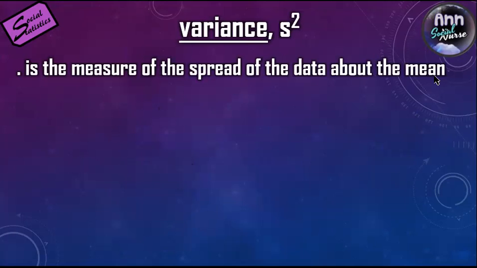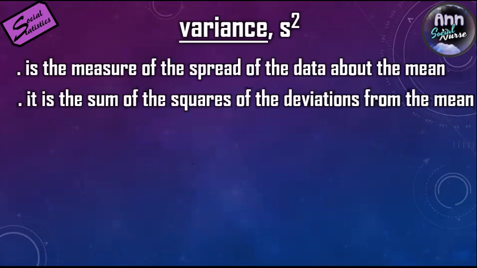In that given example, we know that the mean is 5, right? So the variance is the sum of the squares of the deviations from the mean. With this equation, this is summation. X is each of the given data. We'll remove the given data, so we have only x minus the mean. And the mean, we know that it's 5.